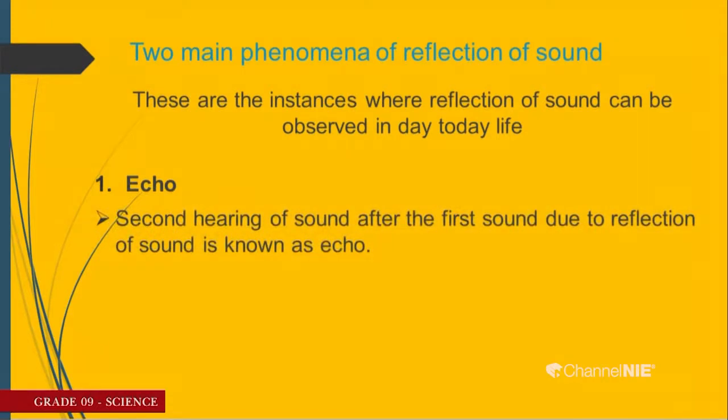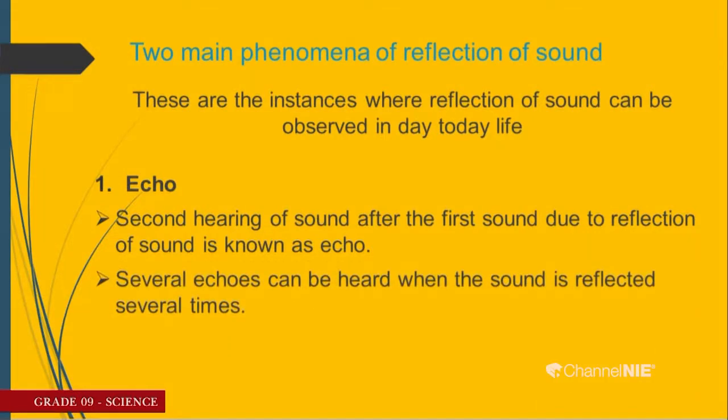Echo is the second hearing of sound after the first sound due to reflection of sound. Sometimes not only one echo, if the sound is reflected several times, you can hear several echoes. For example, reflection in an auditorium.